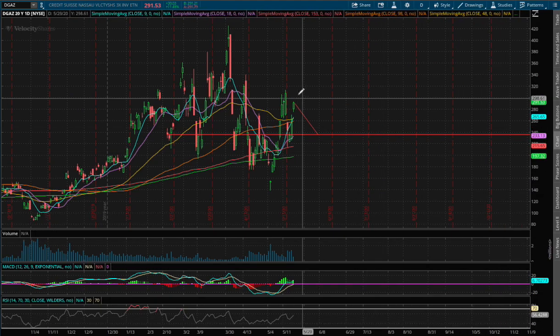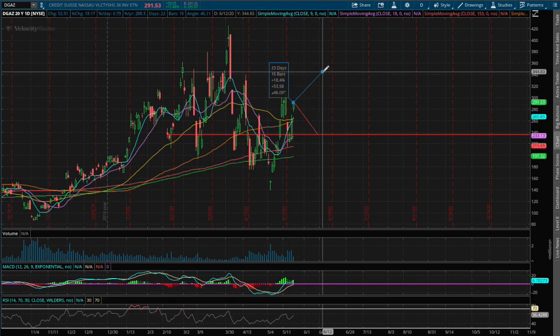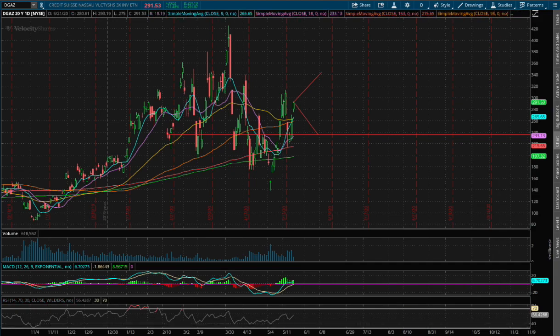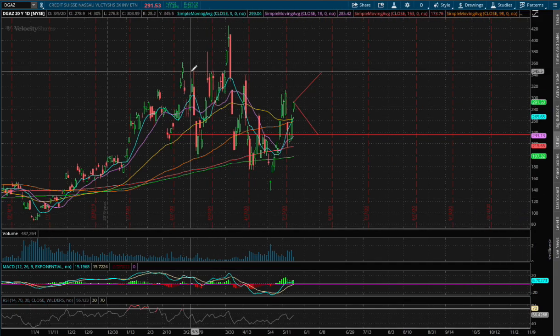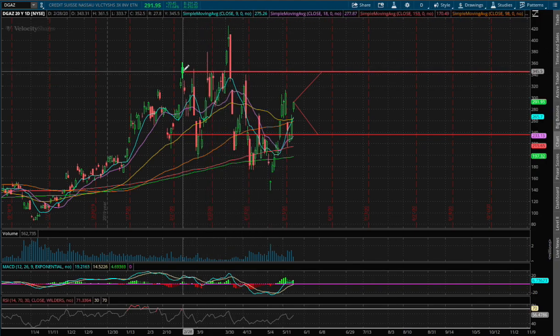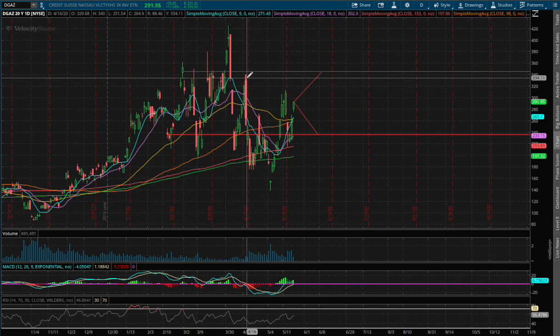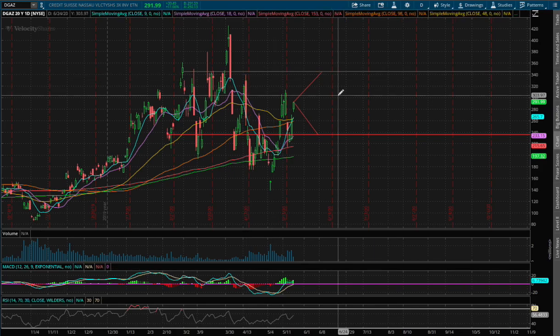So if we were to move 18% to the upside from where we're currently at, that is roughly around $344. And let's mark that as our temporary resistance in the next coming days. That coincides with previous resistance that even dated back to, say, February 28th, as well as March 19th, and close to, let's say, April 16th.